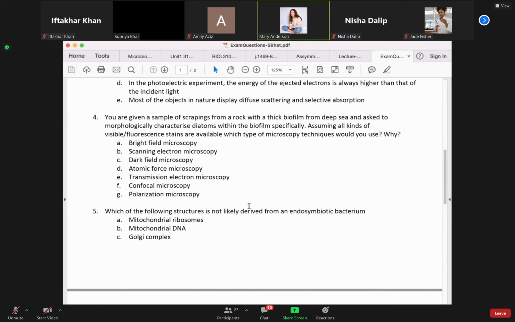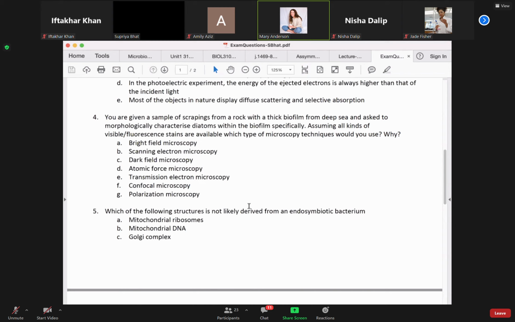I think also a lot of people don't... I don't think the difference between morphological characteristics and topology and topographical stuff was super explained to us. I don't think we went through that. I took a microscopy class, so I went through it. But this question asks about morphological characteristics of diatoms within a biofilm, and I'm wondering what you are looking for.